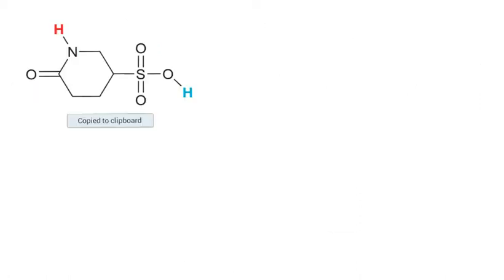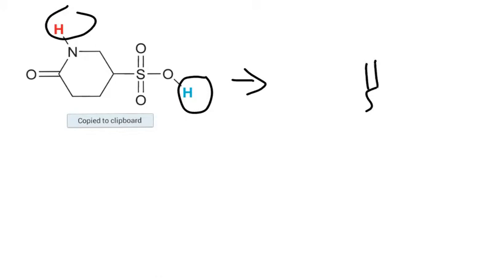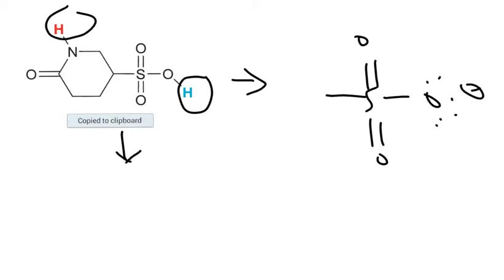Okay, so what about this structure? Well, we're comparing this proton to this proton, and we're trying to figure out which one is going to be more acidic. So for that sulfonate proton, let me just draw this O minus, right? And then the amine proton that comes off, let me draw that.